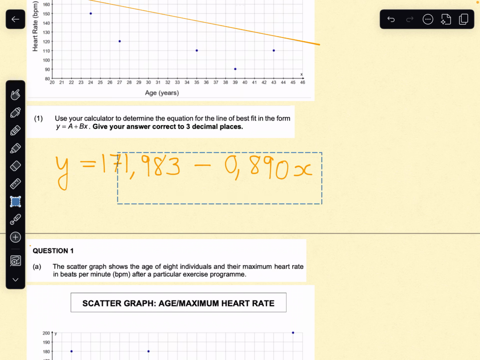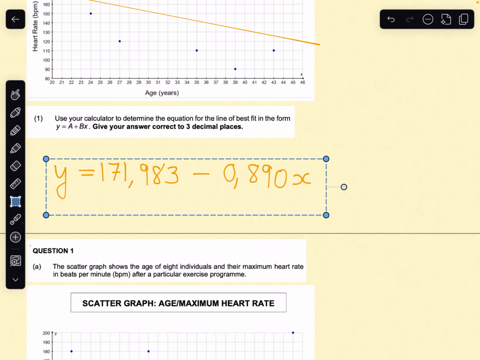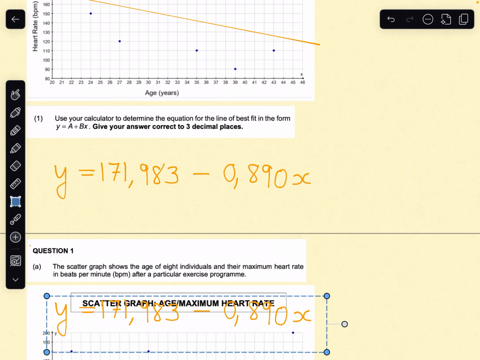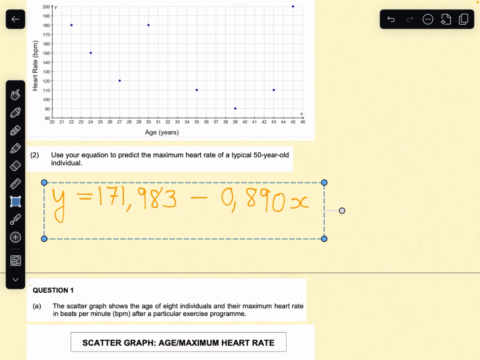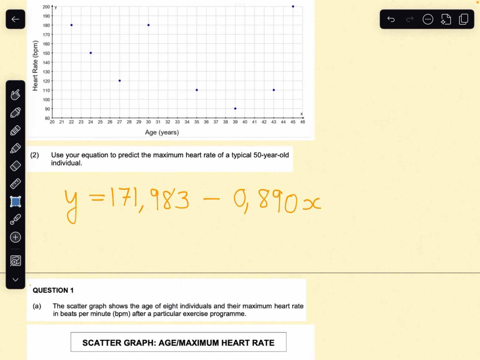to do the number crunching. So in our case, the X that we've been given, the age that we need to work with, is 50.